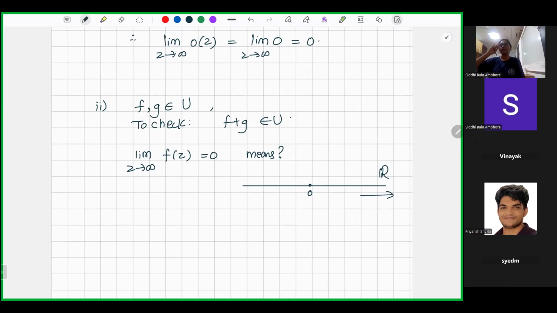So when I say the limit of f of Z as Z goes to infinity is 0, in R, it means as I take bigger and bigger elements in R, the value of f is getting as close to 0 as possible. That's what it means in R. But in C, what exactly does it mean?